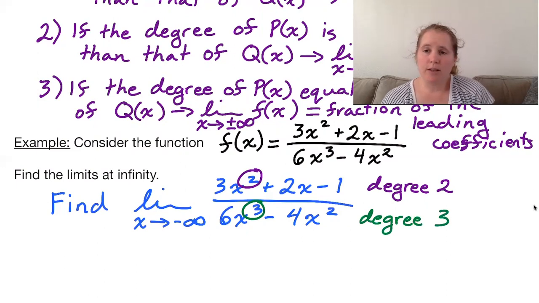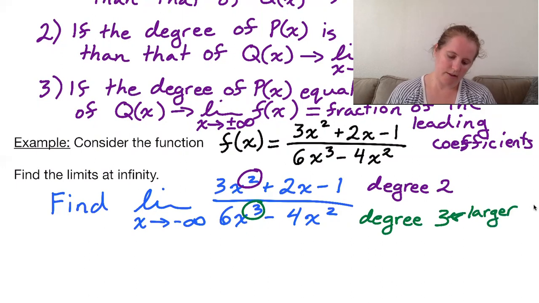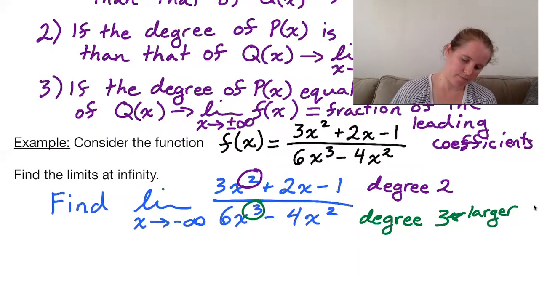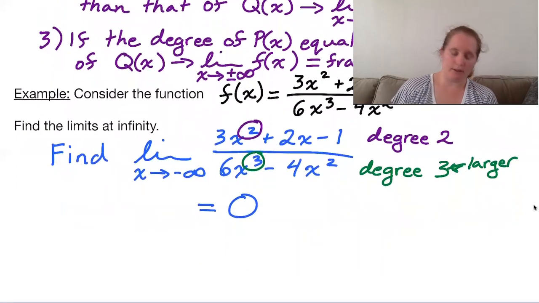So our denominator will overrule. The denominator has the larger degree, and so this limit is equal to 0 by the same argument.